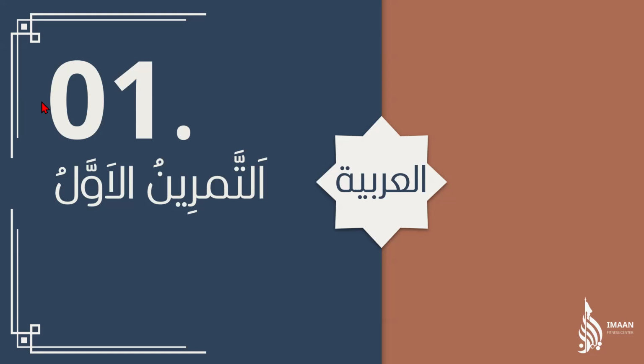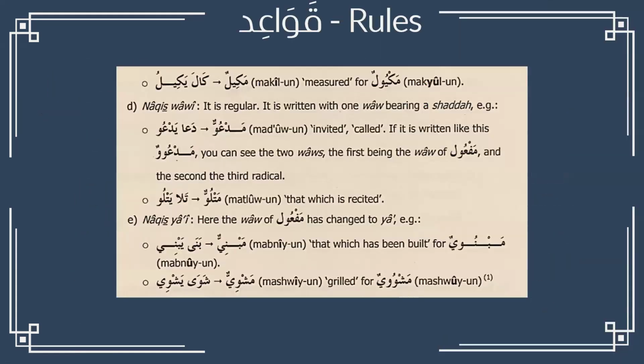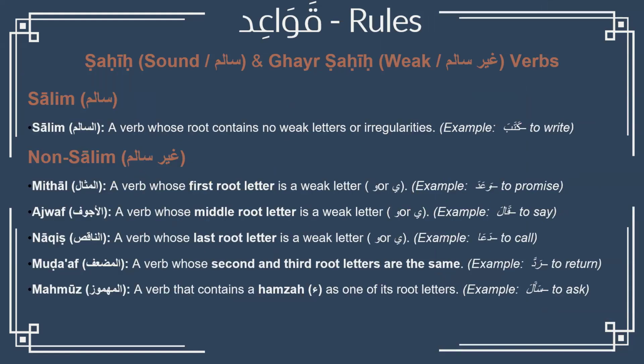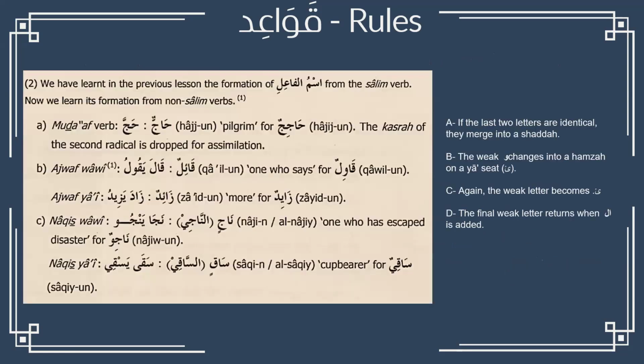There's a waw in there. Half waw lam becomes you call. The first one is mithal. The first root letter is weak. Oh, okay. The first weak letter is weak, right? For example, wa'ada.